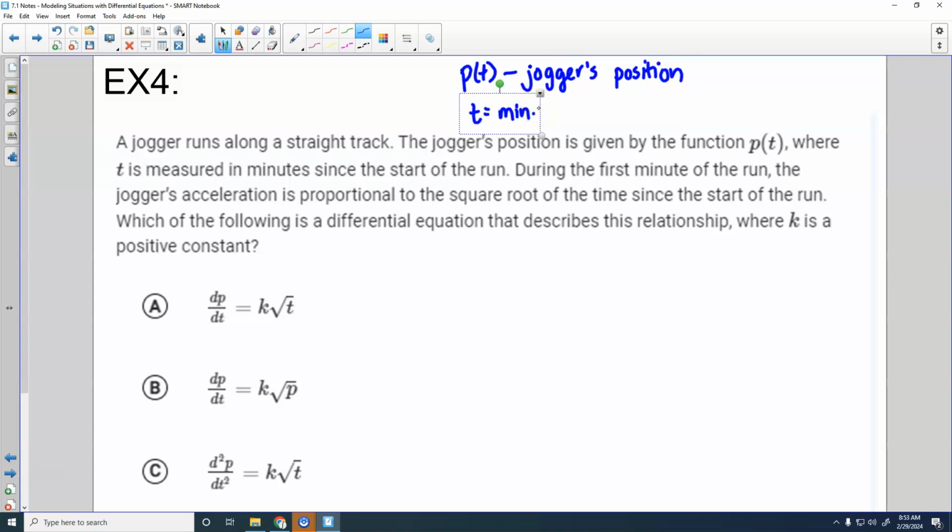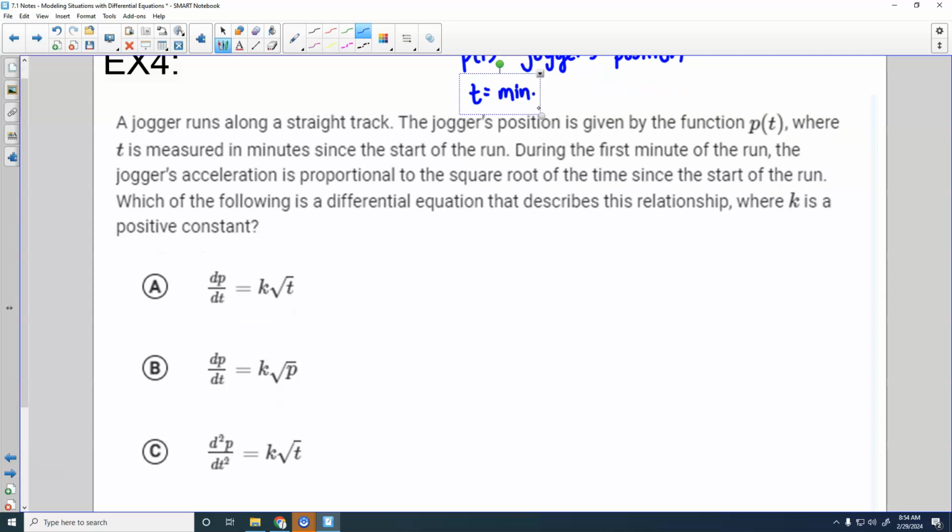Sometimes that becomes helpful. During the first minute of the run, the jogger's acceleration is proportional to the square root of the time since the start of the run. Which of the following is a differential equation that describes this relationship?